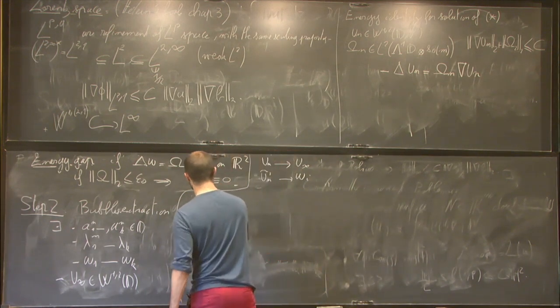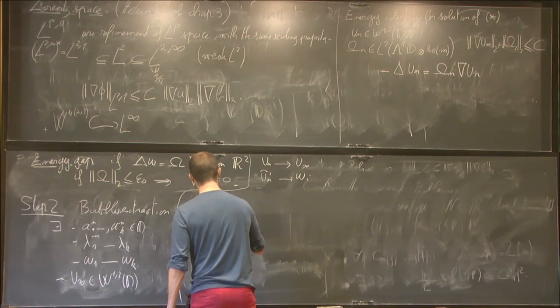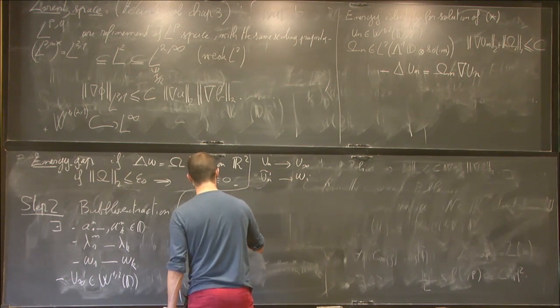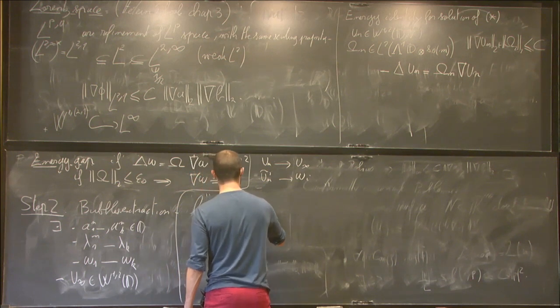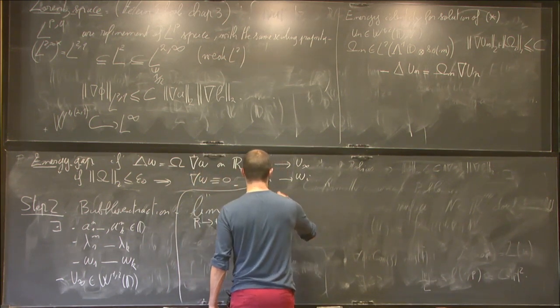So what is the neck region? I say it is when you are close to the bubble but far with respect to its scale. So I'm going to write one.